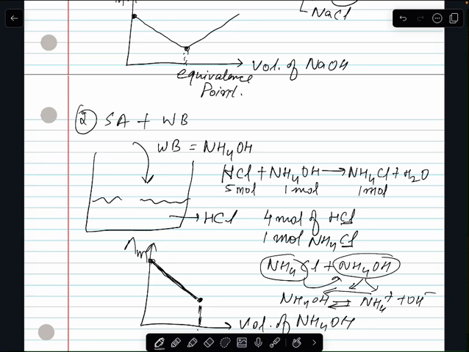So because of this common ion effect, the OH minus ion won't be present in the solution, so the conductivity won't increase, and in turn the conductivity will become constant.